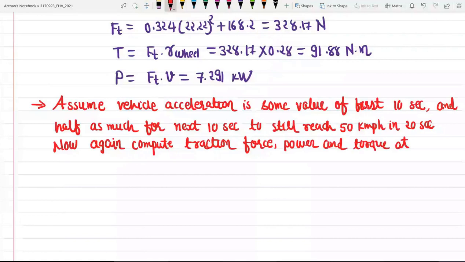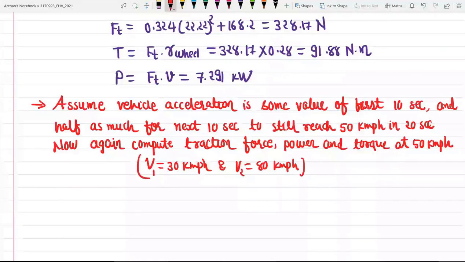We'll consider only the single case of 50 kilometer per hour. The two velocities, V equal to 30 kilometer per hour and V equal to 80 kilometer per hour, you have to calculate yourself.